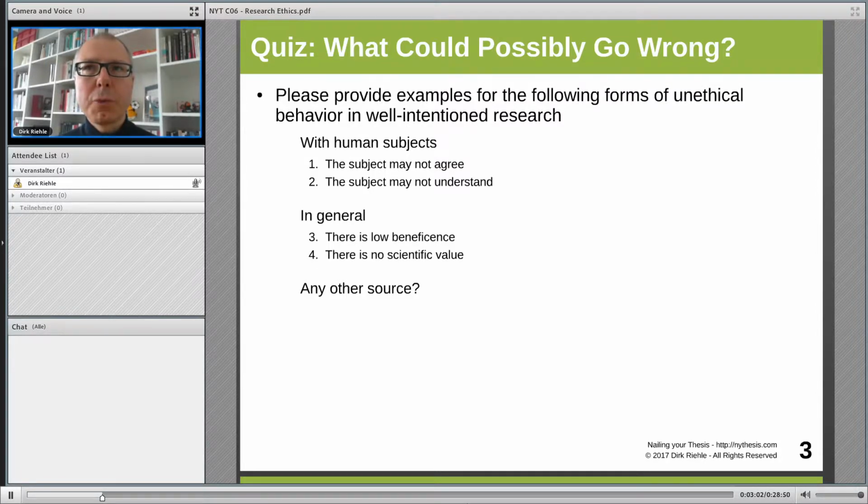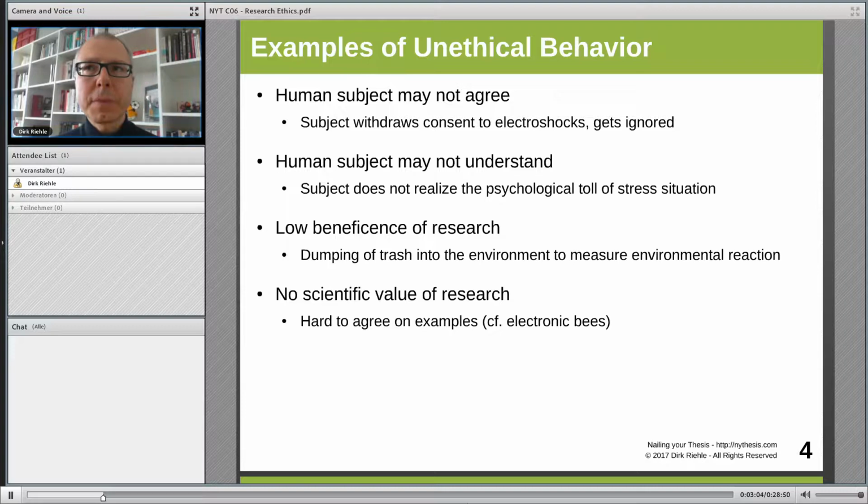All right, I hope you had a good discussion. Here are some examples of unethical behavior that I came up with in the category of human subject may not agree. I thought back to the Milgram experiments.